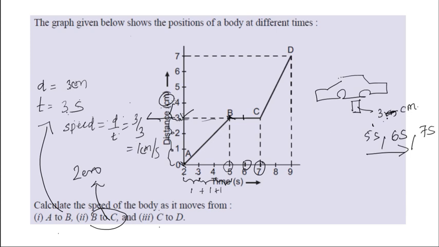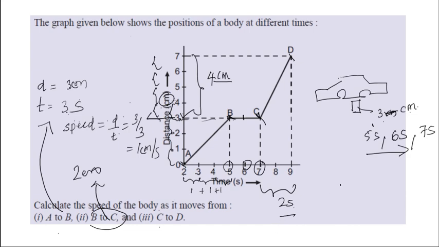In the same way here 0, and in the same way from here to here 1 centimeter, 2 centimeter, 3 centimeter and 4 centimeter. So remember from here to here it has covered 4 centimeter, and in how much time? That means it starts from here and it ends here. It is covering 2 seconds, right? So 4 centimeter in 2 seconds.